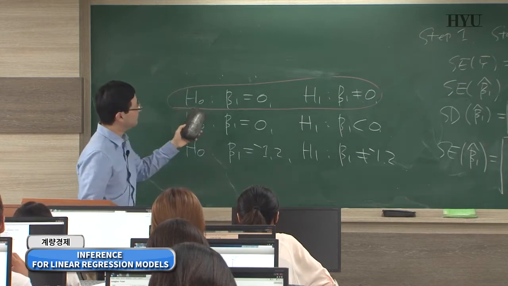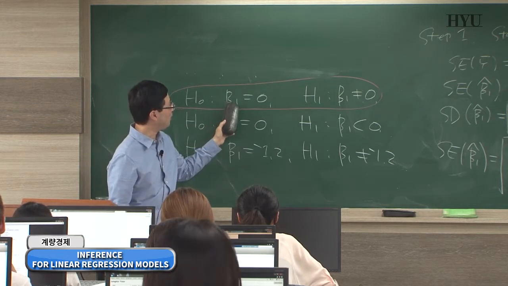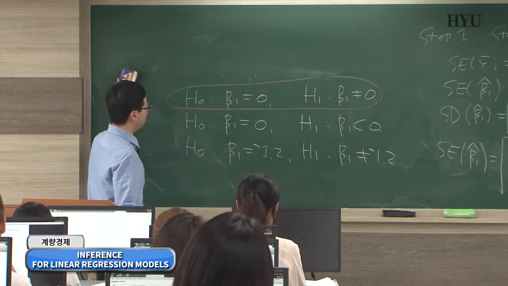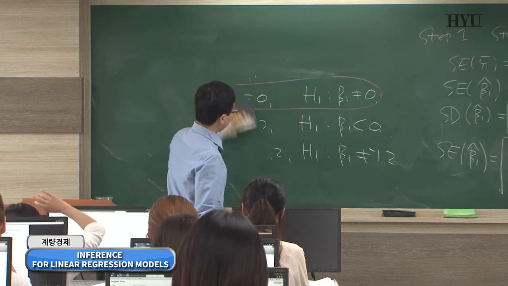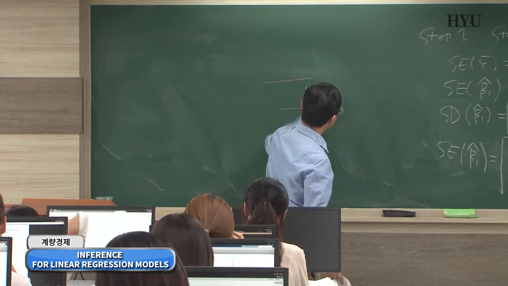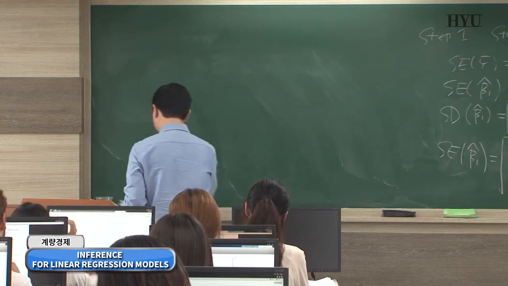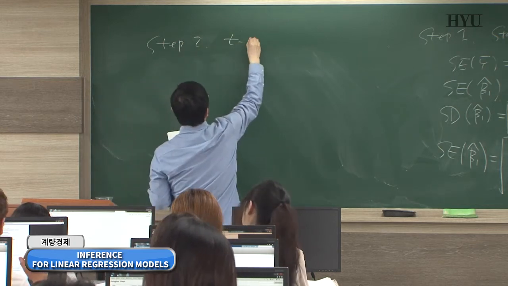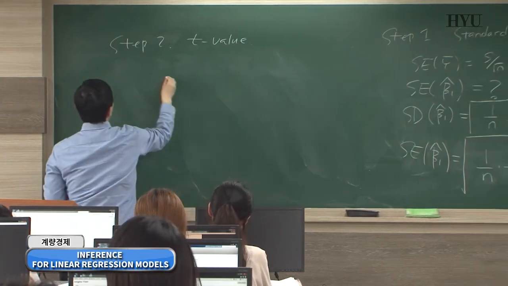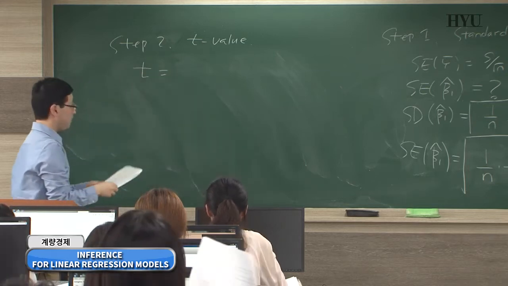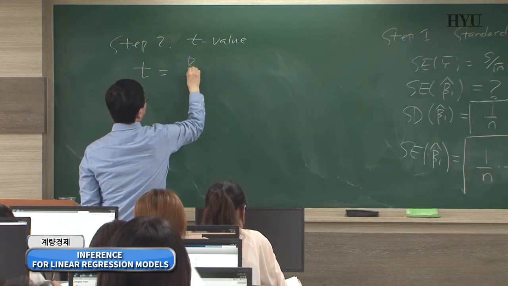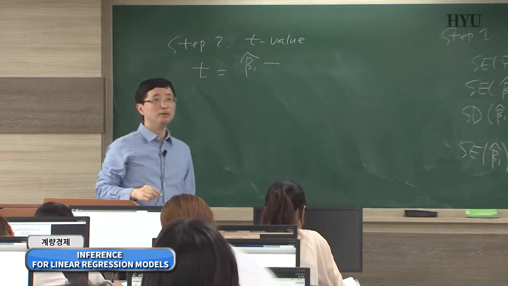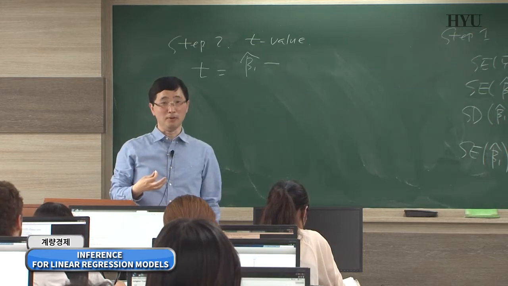Now remember that under the null, beta 1 is equal to 0. Okay? The flat line, and we have a two-sided alternative. That's what we do now. Now step 2, t-value. So what is the t-value? The t-value is by definition beta 1 from my sample minus beta 1 under the null hypothesis.